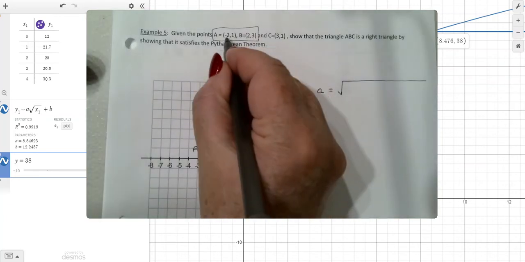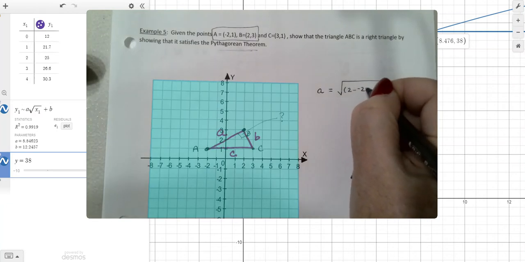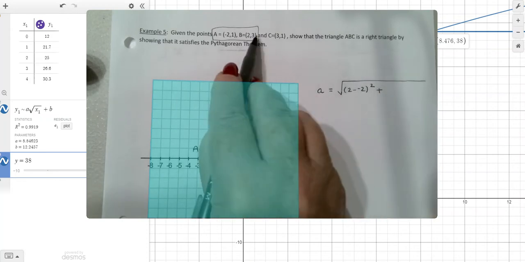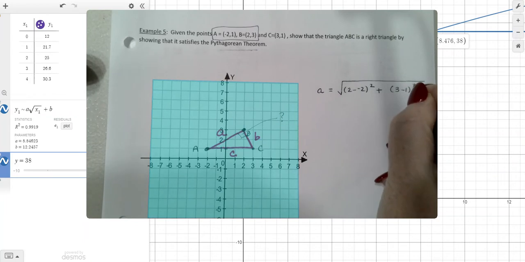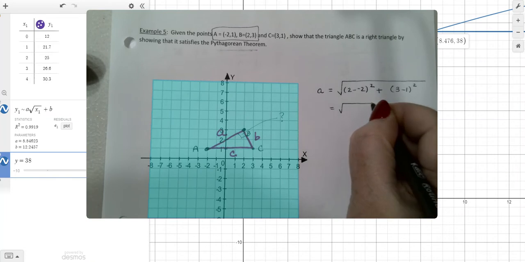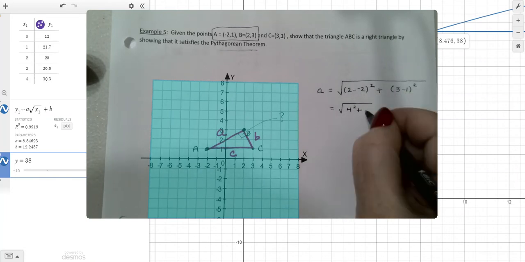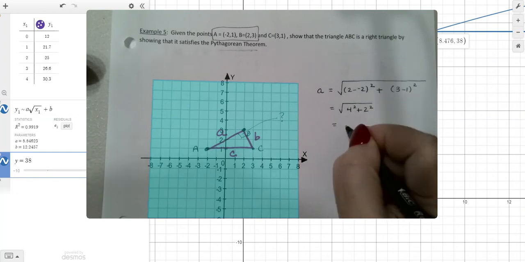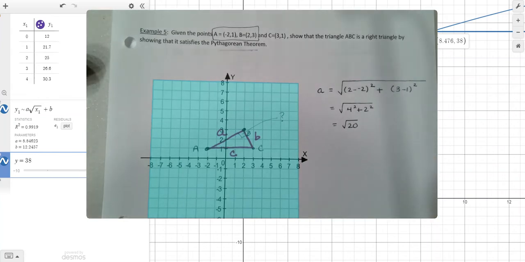So 2 minus negative 2 for the x's, squared, plus 3 minus 1, squared for the y's, is 2 minus negative 2, that would be 4 squared, plus 2 squared, 16 plus 4 would give me the square root of 20.